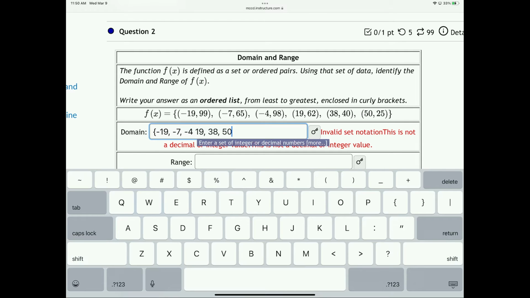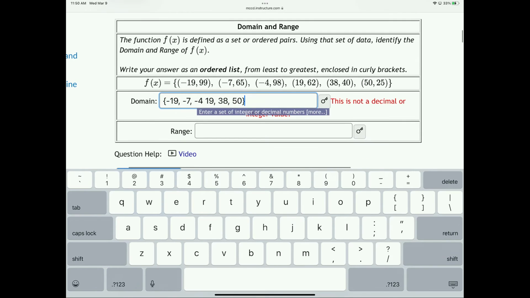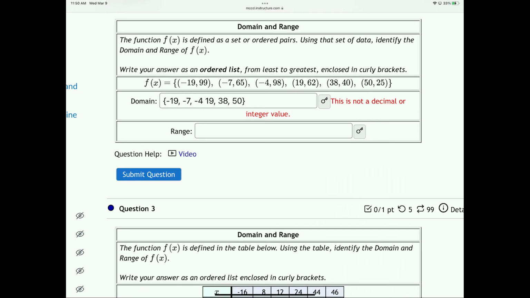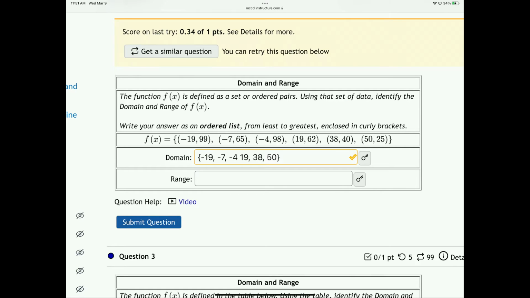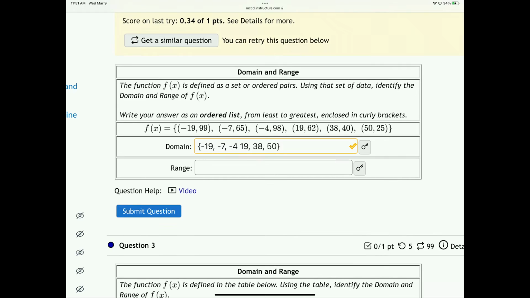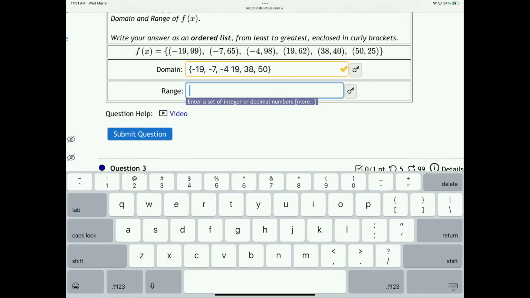And then you got to close the braces. This is not a decimal or integer value. I'll submit that. Only got half of it or a third of it.